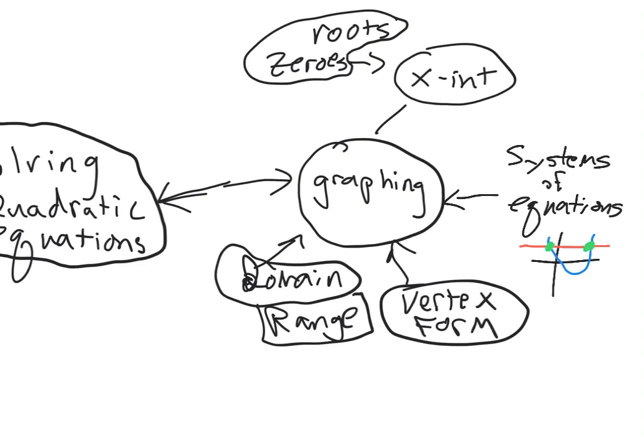The easiest example is where the line's a constant, like in the red graph here, but it could easily be a different line or even another parabola. And once again, you would just be looking for the two intersection points with graphing.